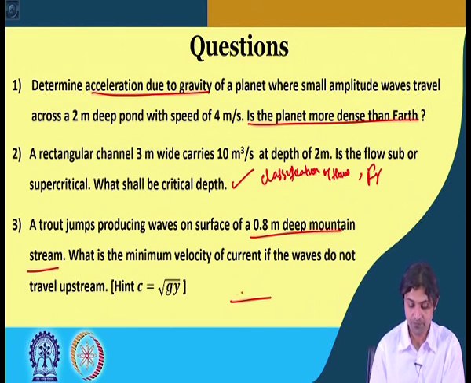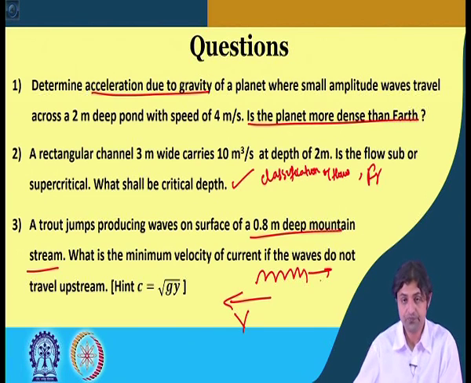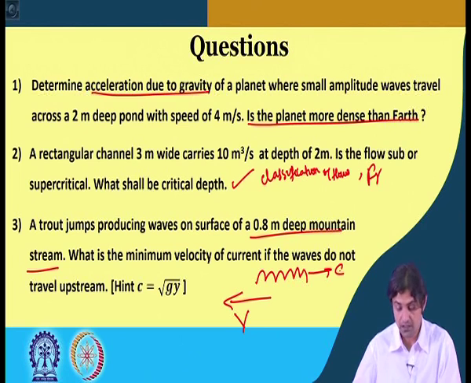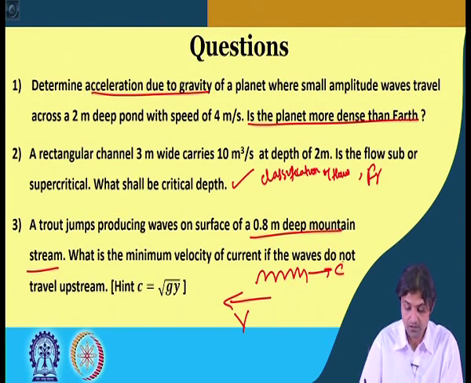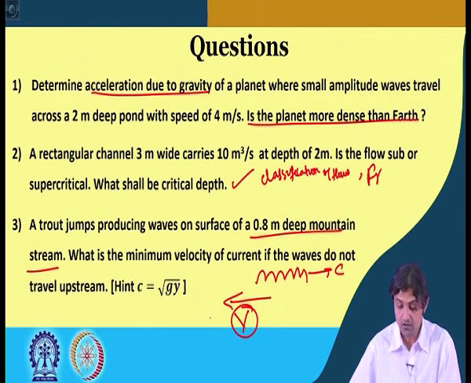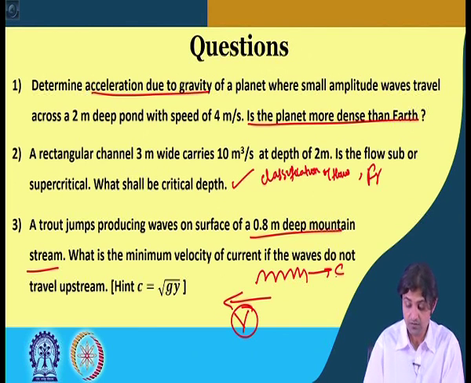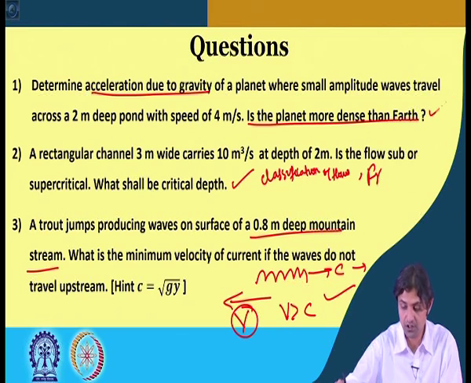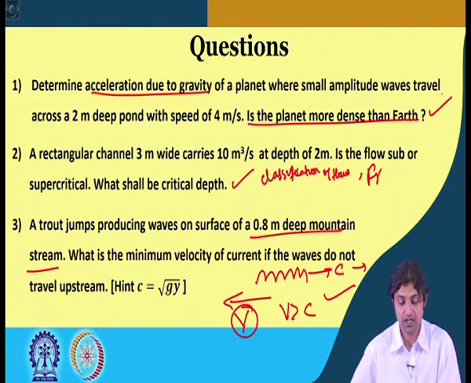So, if there is a speed v of the stream in this direction and the waves are travelling in this direction with speed c, it is asking what should be the minimum v for which the waves do not travel upstream, which means v must be greater than c all the time, correct. So, this is again a waves question. There are three questions which we have to solve that will give us more confidence and practice about this particular topic that we have done.